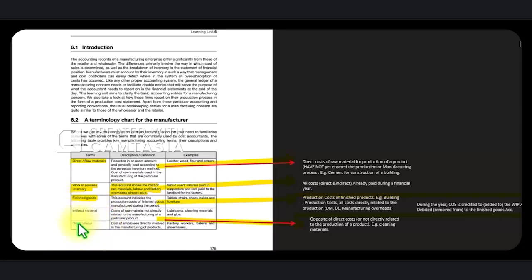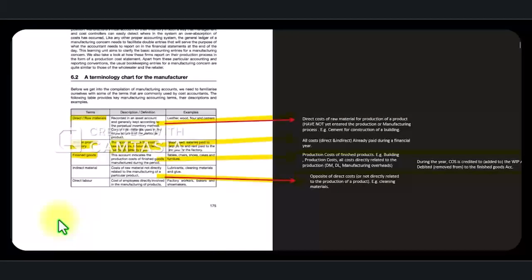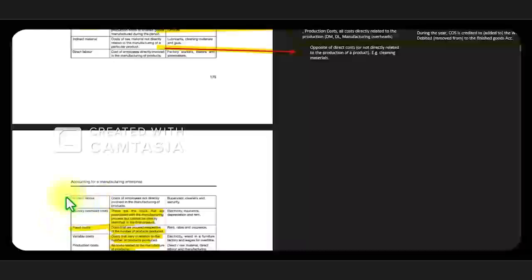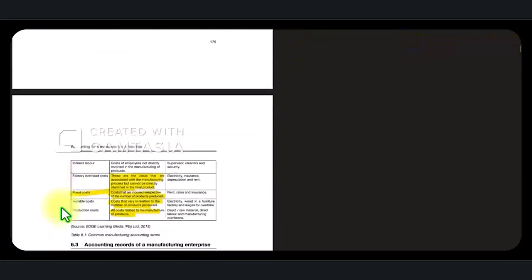Obviously, indirect material will be in contrast to the direct material, and indirect labor will be in contrast to the direct labor. And then you do have the factory overhead cost, as well as a difference between the fixed cost and the variable cost.